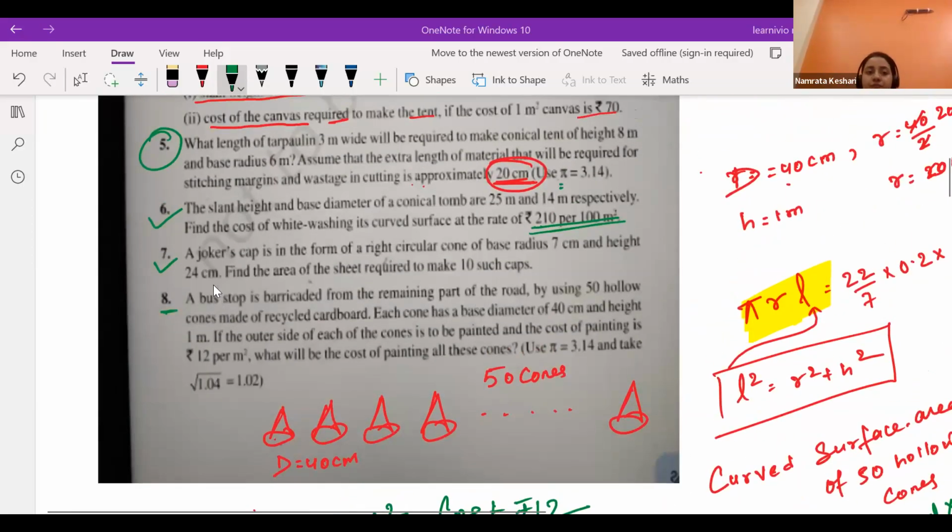Let's do the next one. A joker's cap, question number 7.